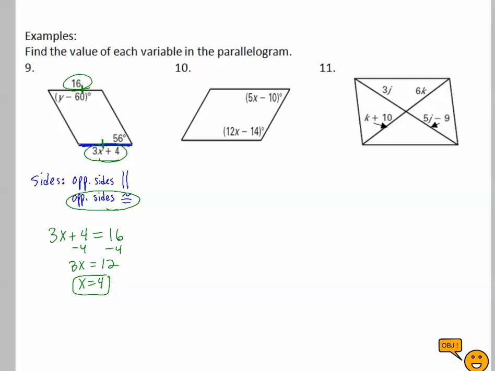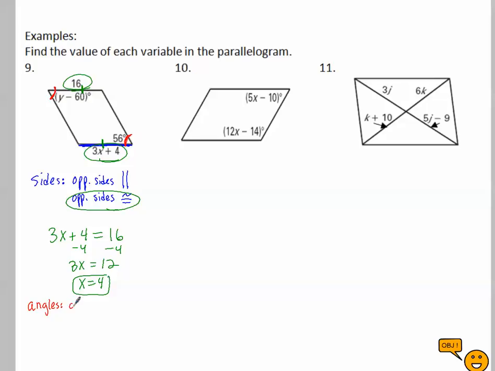How about the y that's in that picture? Well, where is the y that's in that picture? I see a degrees and I see it's inside of the parallelogram, so it's telling me that it's for this angle that's right here. The 56 is telling me for this angle that's right here, 56 degrees. Well, if I think about angles in a parallelogram, what do I know about the angles? Specifically, the ones across from each other.